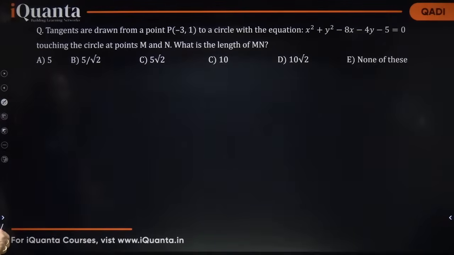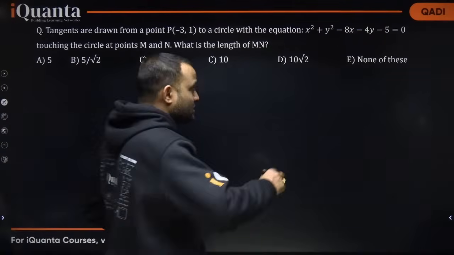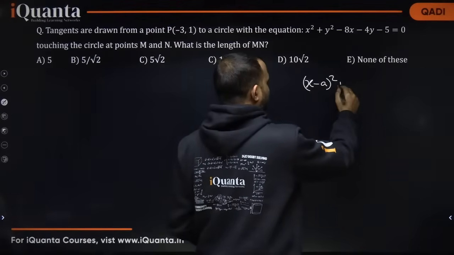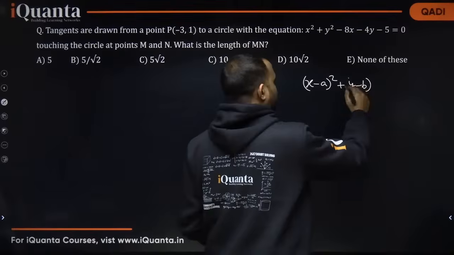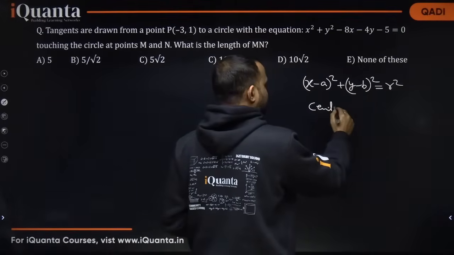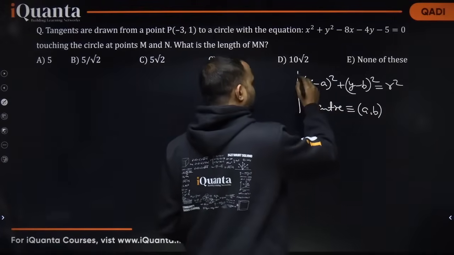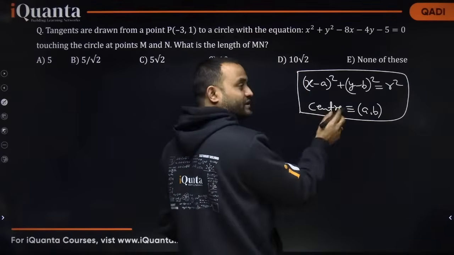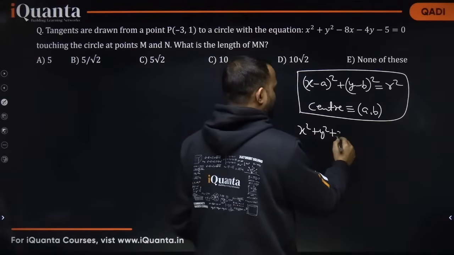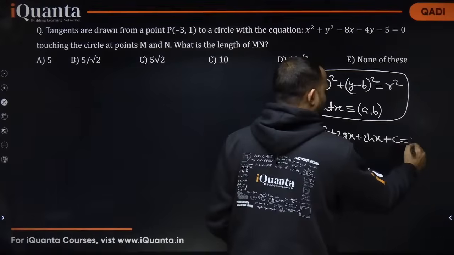All right. Now we come to circle, and in case of circle, what do we know? Equation of circle is something like x minus a whole square plus y minus b whole square is equal to r square. In that case, the center will be a and b, radius is r, or you get x square plus y square plus 2gx plus 2hy plus c is equal to 0.